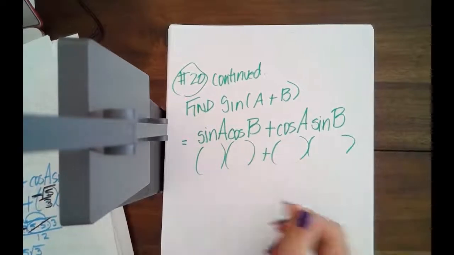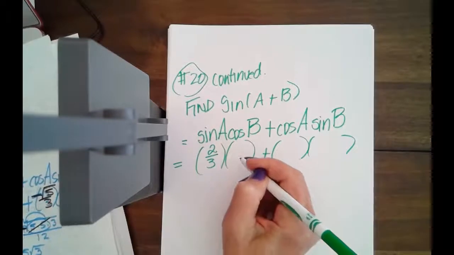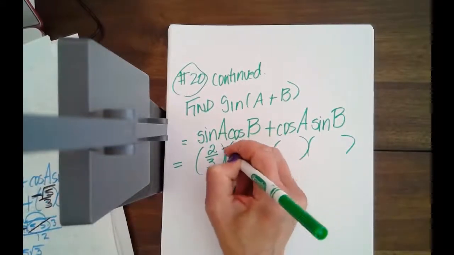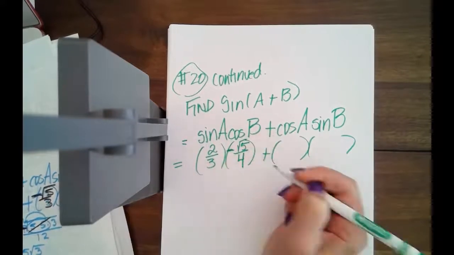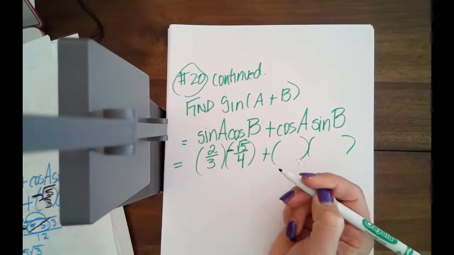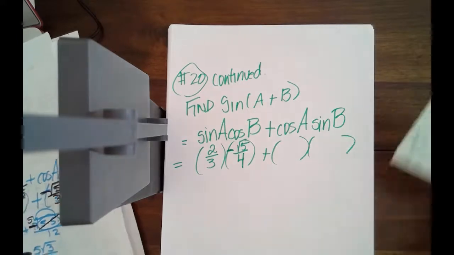Okay, so that's going to give us 2/3 here. And the cosine of b, we calculated it. It's negative radical 5 over 4. Okay, so it's got to be a negative. Hold on. All right, back up.